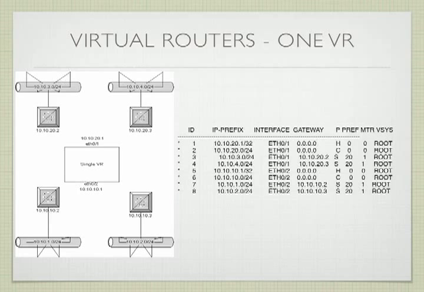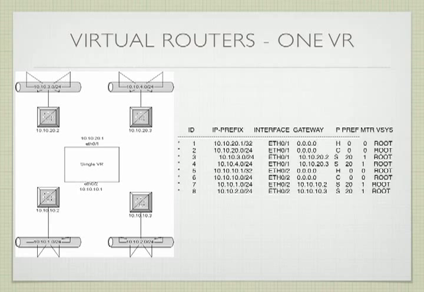The next column is, of course, the network itself. So this will be listed in the routing table in CIDR format. 10.10.21/32, 10.10.20/24, just the network that we're talking about. Next, we will have the interface that the network is reachable over.